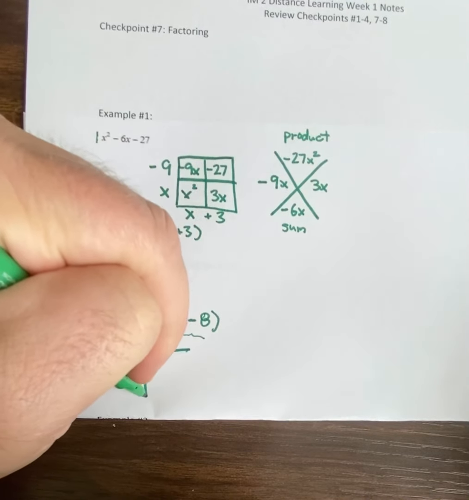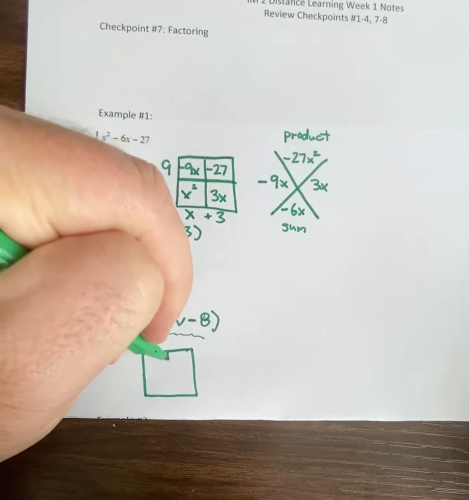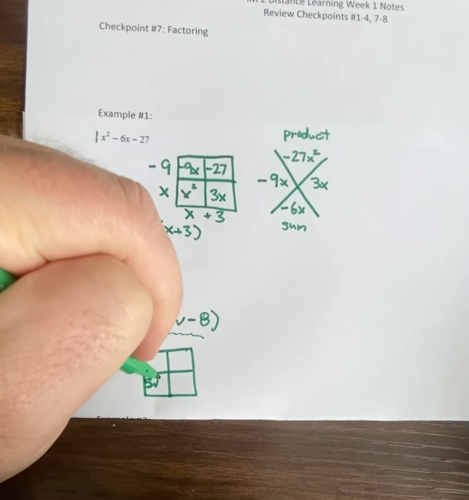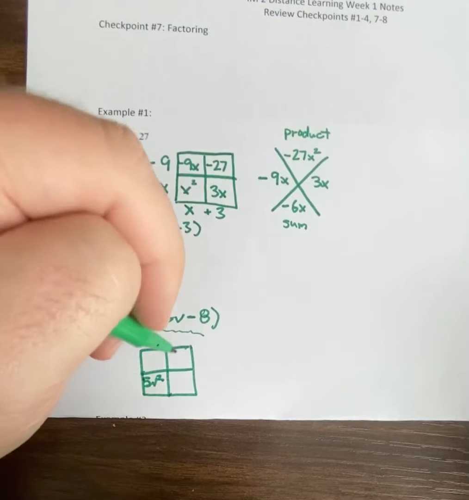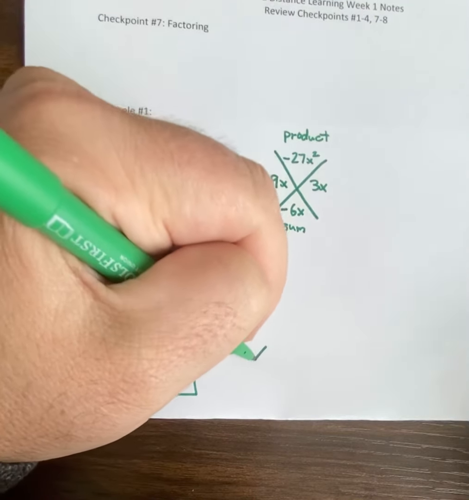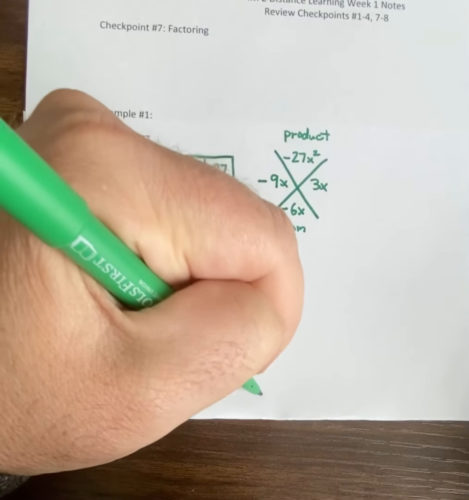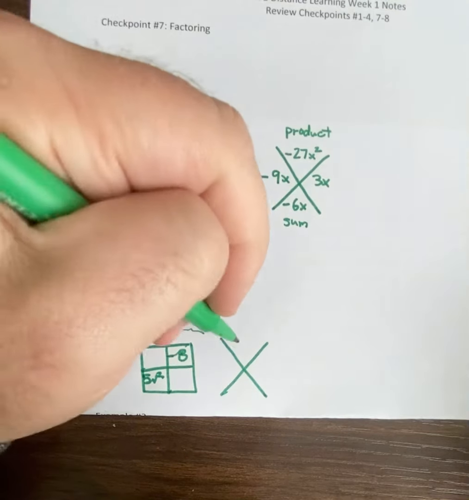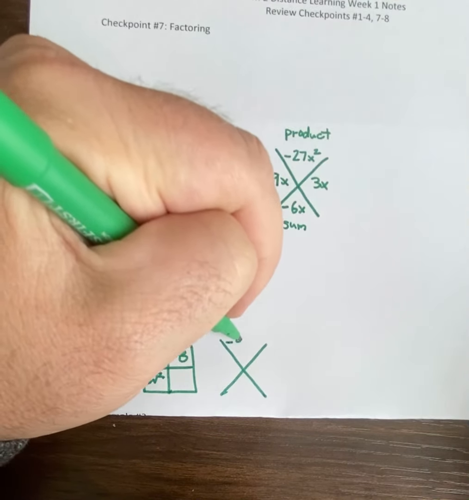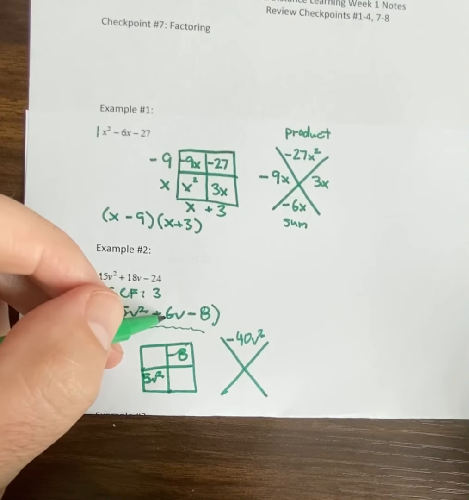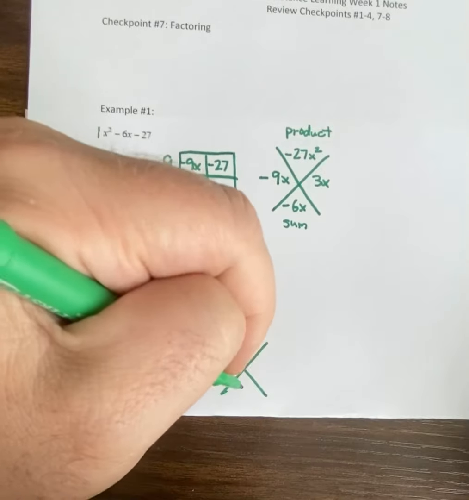So we're going to have the boxes here. 5v squared in the lower left, negative 8 in the top right. The top of the x is going to be negative 8 times 5v squared, so that's negative 40v squared. And the bottom, make sure to use this middle term, is 6v.